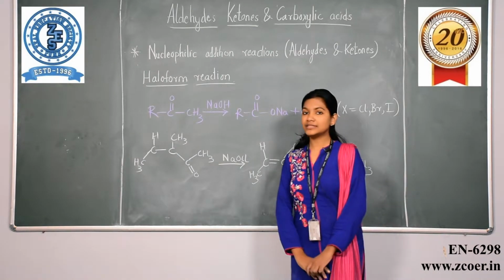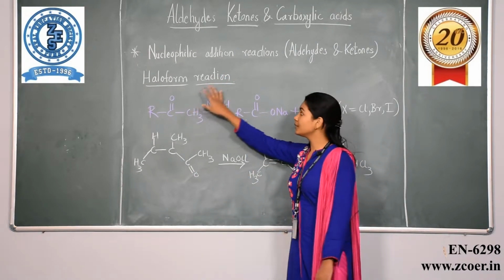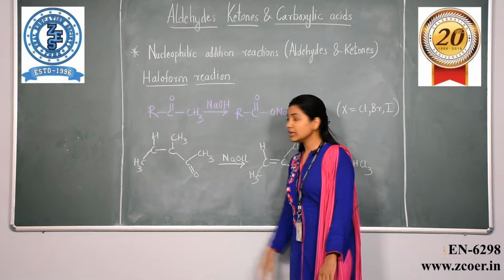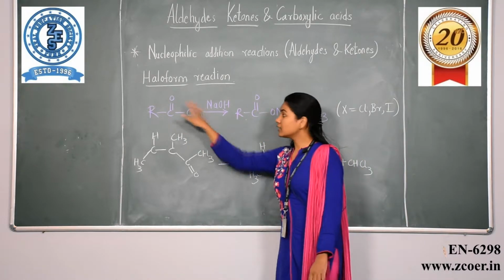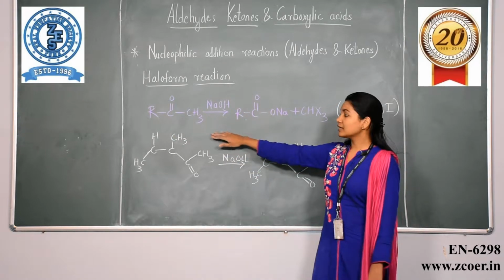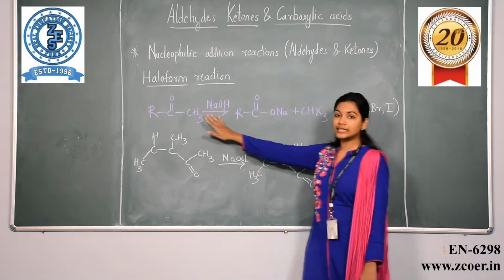The next topic under this chapter is the haloform reaction. Consider an aldehyde or ketone containing a methyl group.